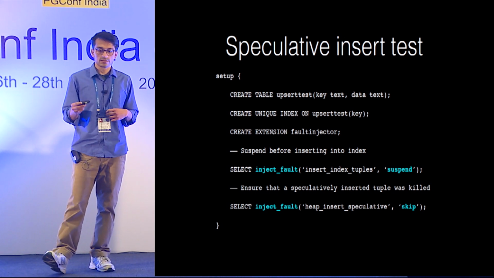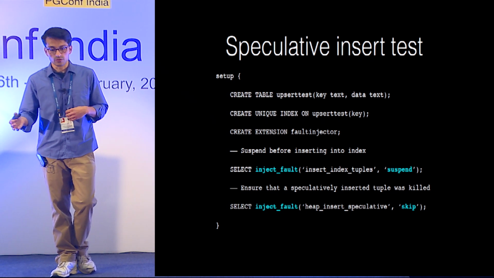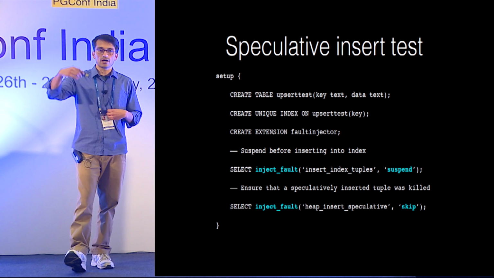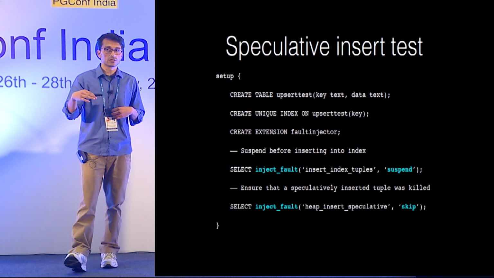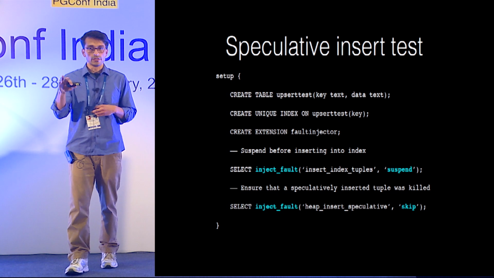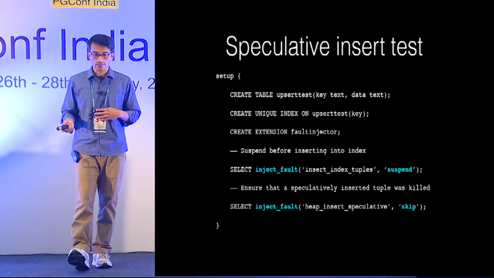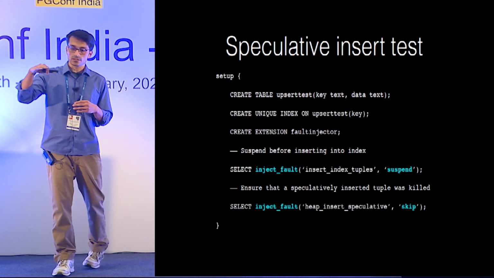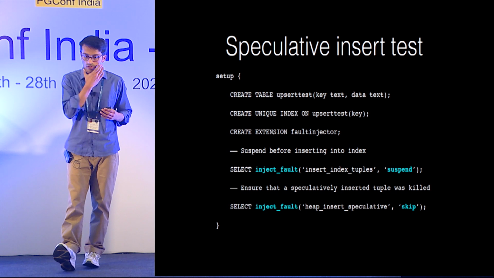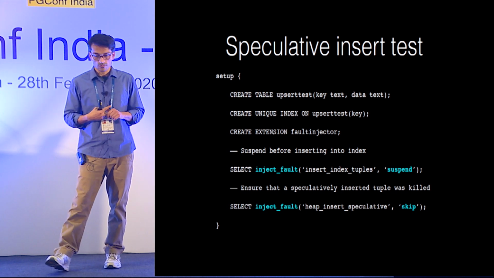There is a function with exactly this name, insert index tuples, which is executed right after a tuple has been inserted into the heap table, and this function updates the index. So we inject a suspend fault at the beginning of this function, and no action will be taken until the fault is resumed.